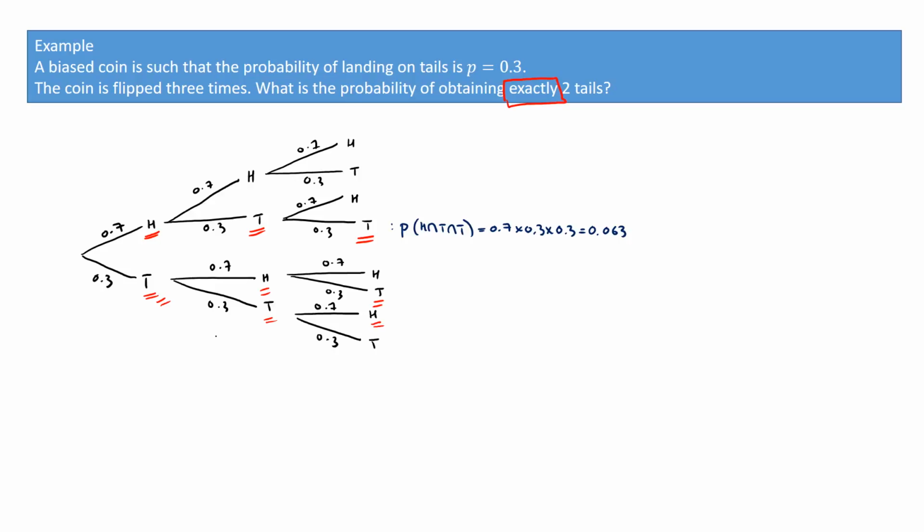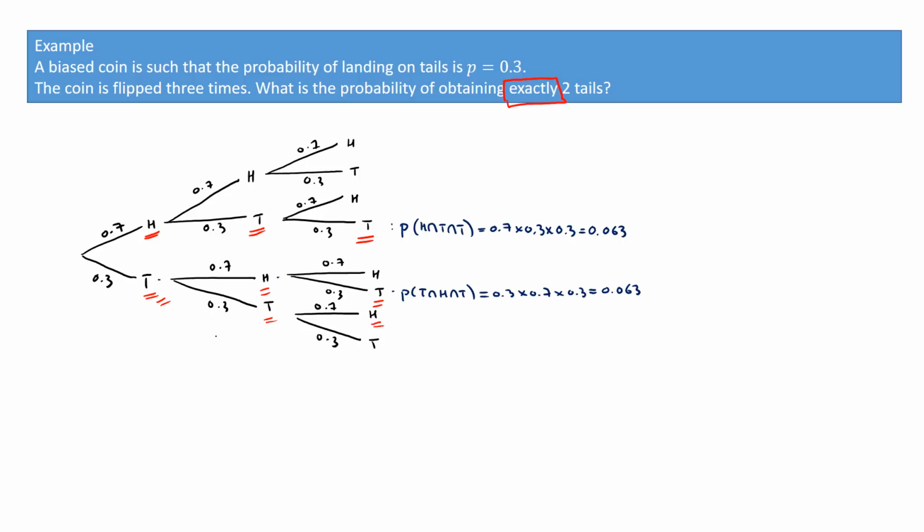Similarly, for the next possibility, we have tails, heads, tails. So that's the probability of tails and heads and tails. And in this case, the probability would be 0.3 times 0.7 times 0.3. And again, with the calculator, we find that's equal to 0.063.